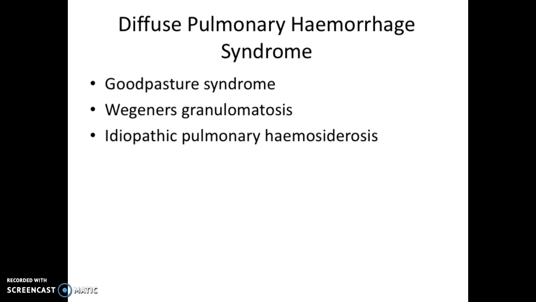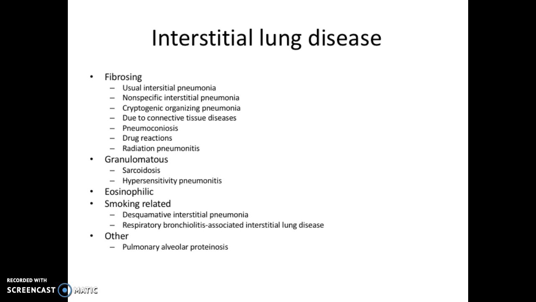Diffuse pulmonary hemorrhage is composed of generally Goodpasture syndrome, Wegener granulomatosis, and idiopathic pulmonary hemosiderosis. This may be a bit advanced for basic pathology of the lung, but you can look at it for further reading, especially for Goodpasture syndrome and Wegener's granulomatosis. For interstitial lung disease, it can be divided into fibrosis, granulomatous, eosinophilic, smoking-related, and others.